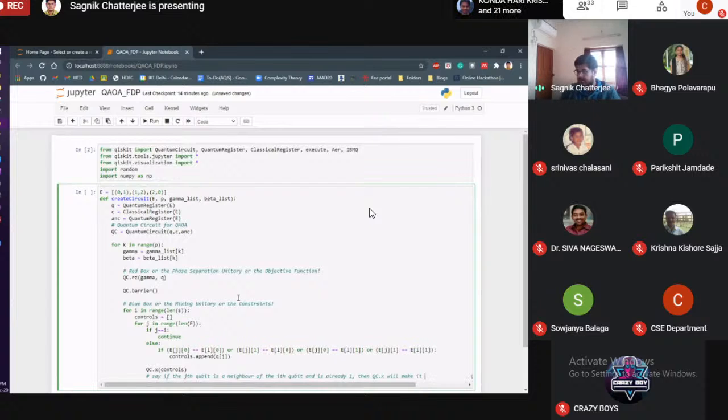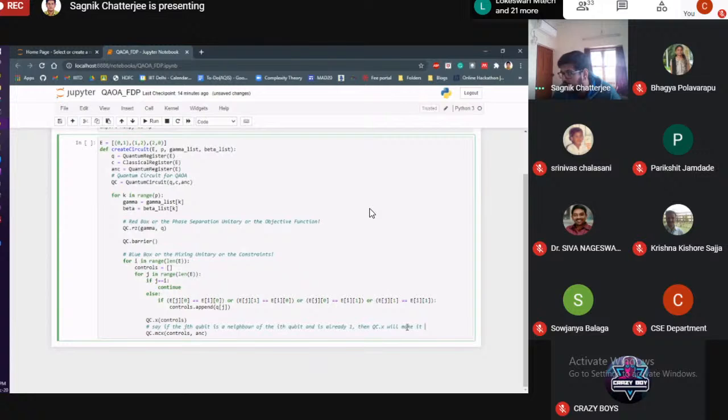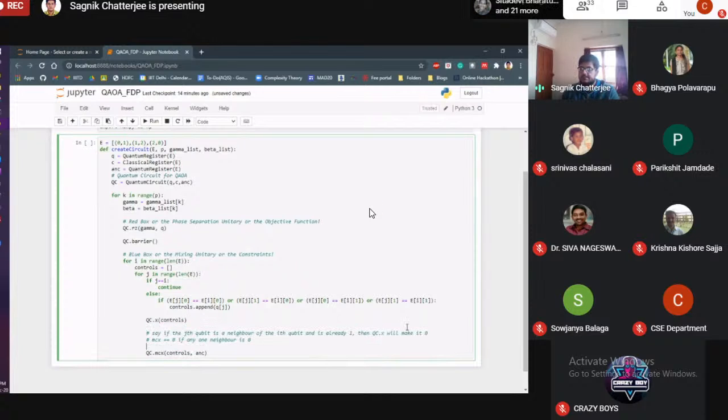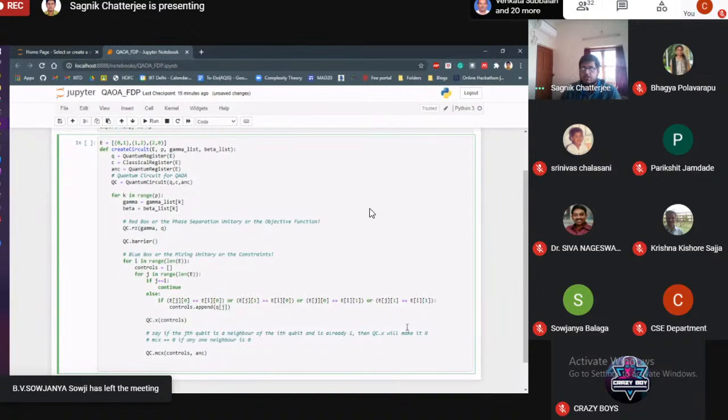Okay, my num lock is off. So if it makes it 0, then my multi-controlled x will evaluate equal to 0 if any one neighbor is 0. I hope this makes it a little bit clear. So if any of the neighbors are 0, then this ancilla qubit will be set to 0. If the ancilla qubit is set to 0, then we'll not be including the current edge in the matching at all.